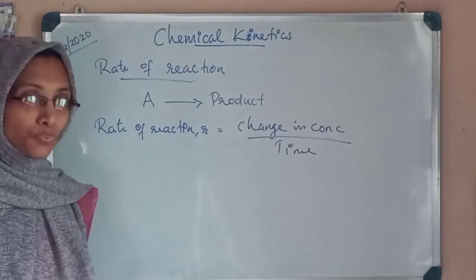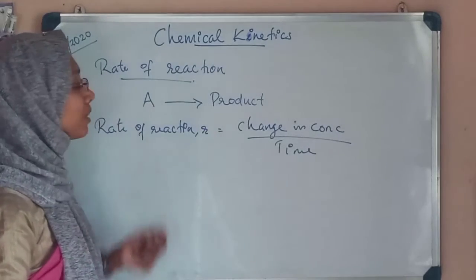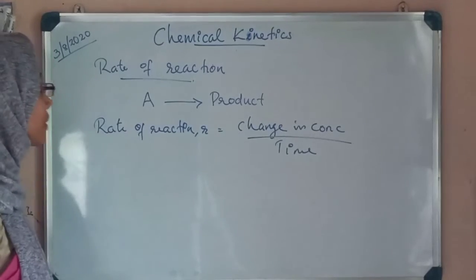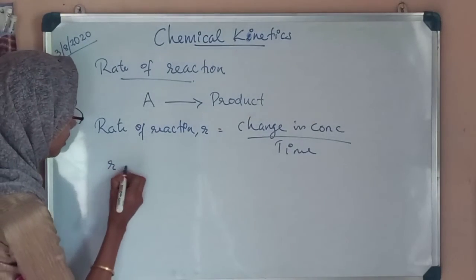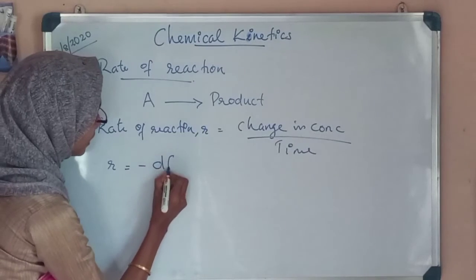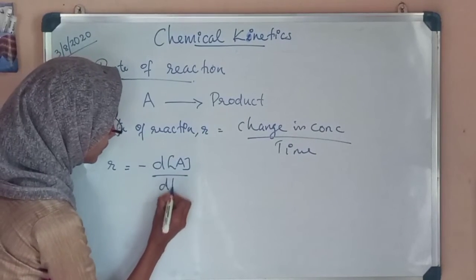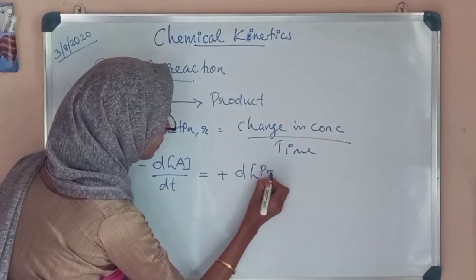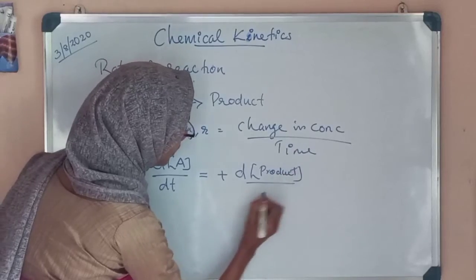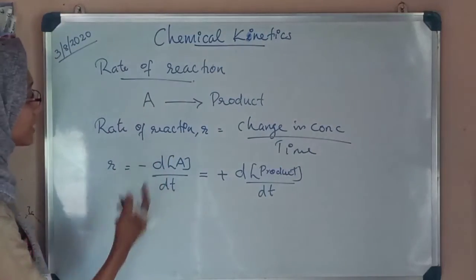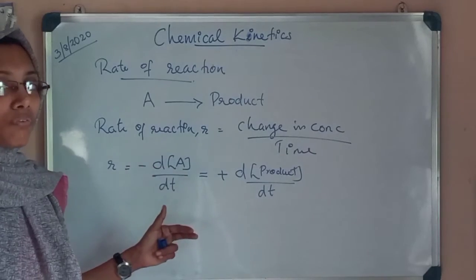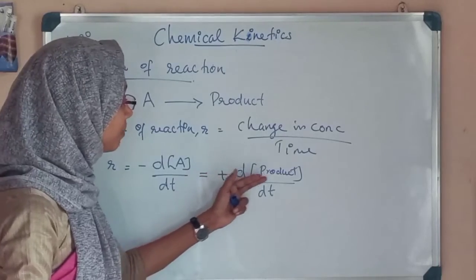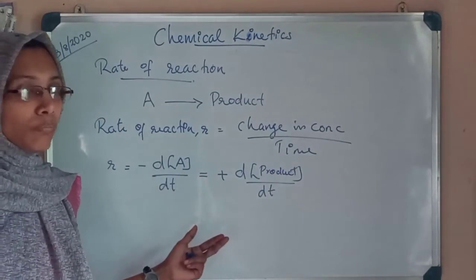Then we can express the rate of the reaction in two terms, either in the decreasing concentration of the reactant or increasing concentration of product. That is, rate is equal to minus dA divided by dt is equal to plus d product divided by dt, where dA is the change in concentration of the reactant and dt is the change in time, and here d product is the change in concentration of the product.